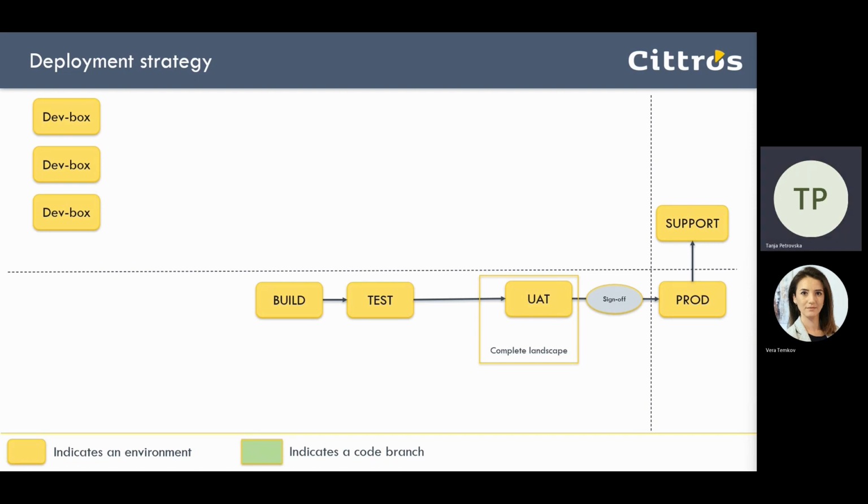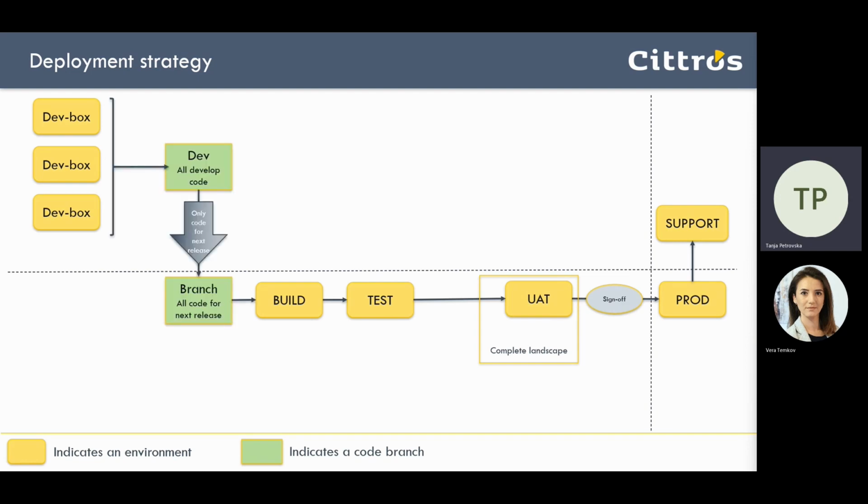The developers are implementing the code changes in their DevBox environments. So when the developer has completed the development testing of the modified processes, the code changes are committed or checked in. After check-in, those code changes are part of the development branch.